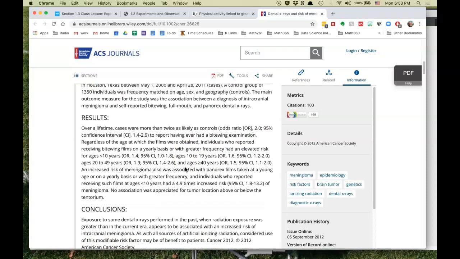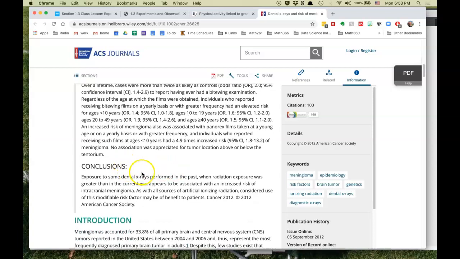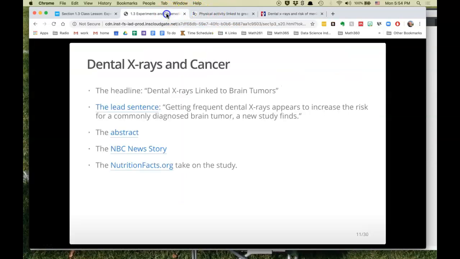So that's part of the discussion that was suggested, but still the conclusion was that exposure to some dental x-rays when performed in the past, when radiation exposure was greater than in the current era, appears to be associated with an increased risk of intracranial meningioma. And the suggestion was to really not go ahead with just routine x-rays unless there was some specific indication.